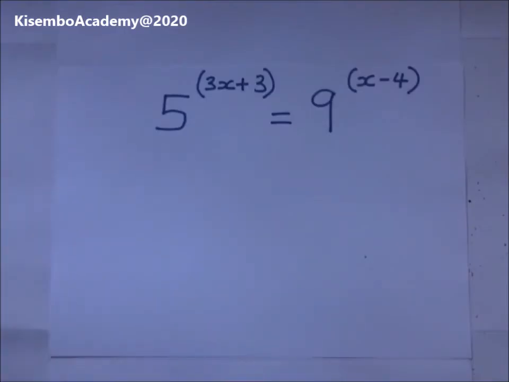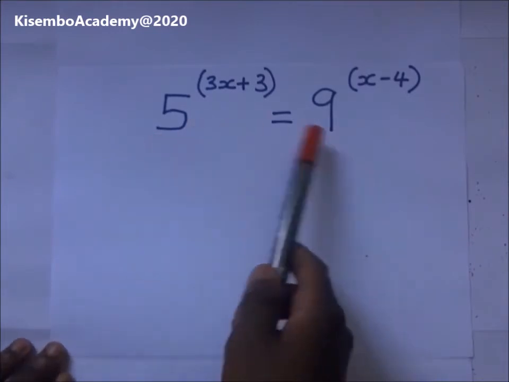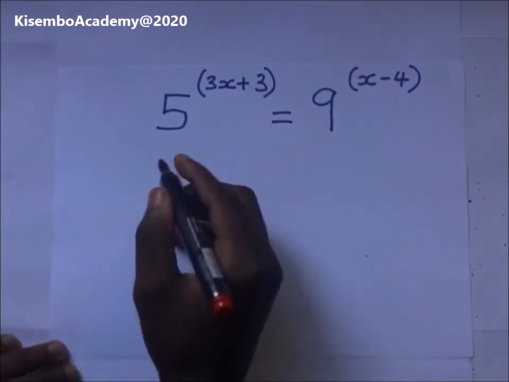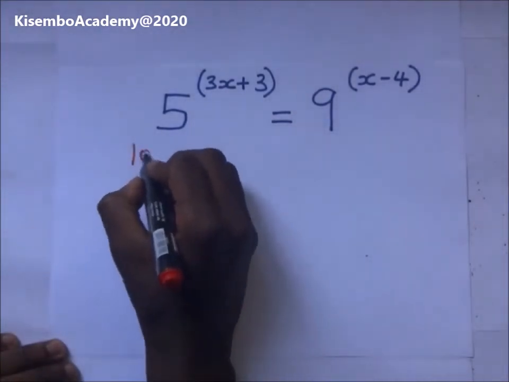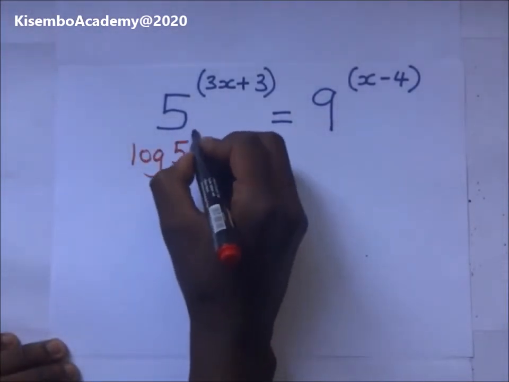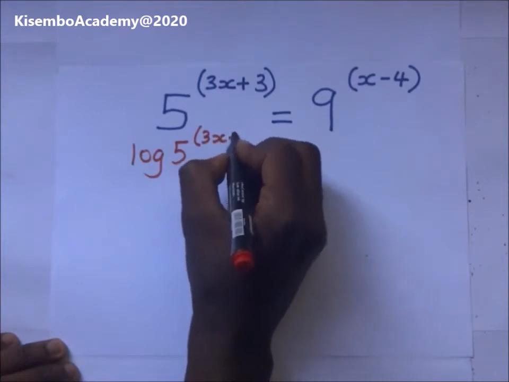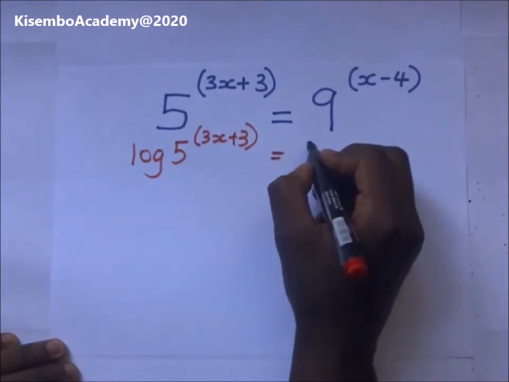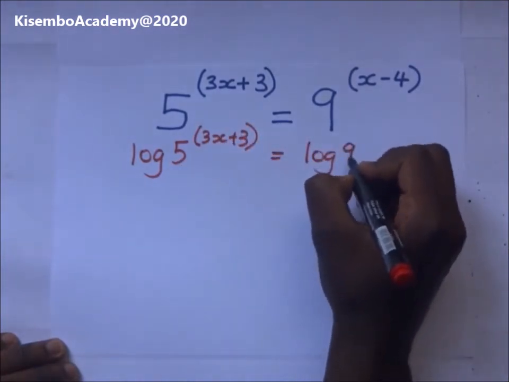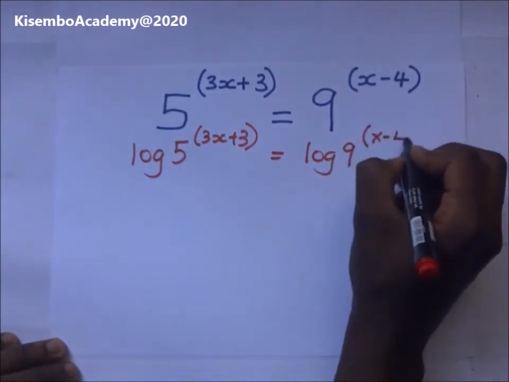We are required to solve here for the value of x using logarithms. Again, we are going to introduce logs on both sides. So this is going to become the log of 5 to the power 3x plus 3 giving us the log of 9 to the power x minus 4.